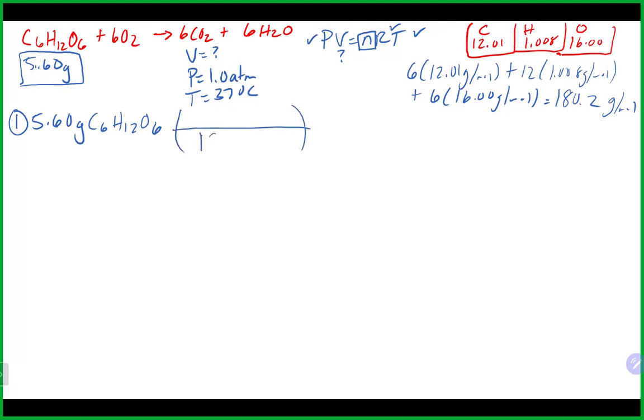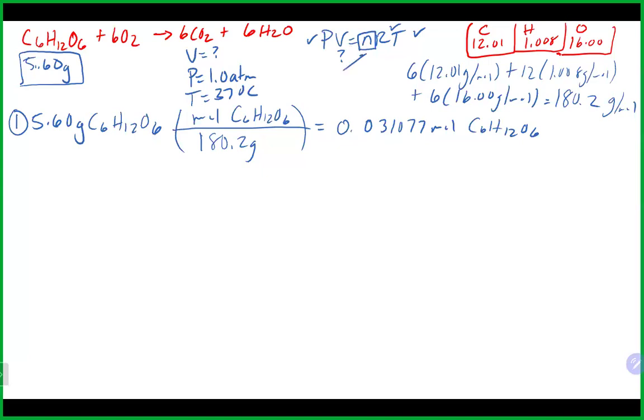All right, so we're going to use that as a conversion factor here. So I'll go 1 mole of C6H12O6 per 180.2 grams. That's going to give me 5.6 divided by 180.2. Here again, I'm not going to round too much, so 0.031077 moles of C6H12O6.